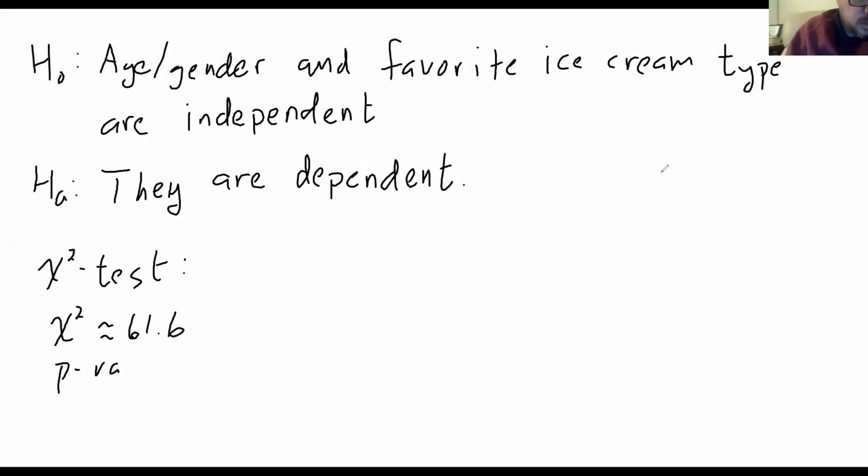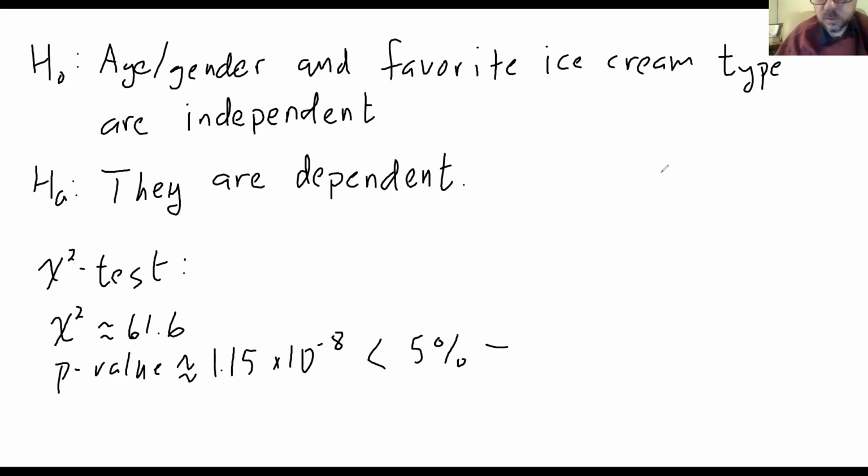P-value about equal to 1.15 times 10 to the -8, less than 5%. So reject H0. Right, something like that. This is what I would be looking for on an exam question or a quiz question or anything like that.